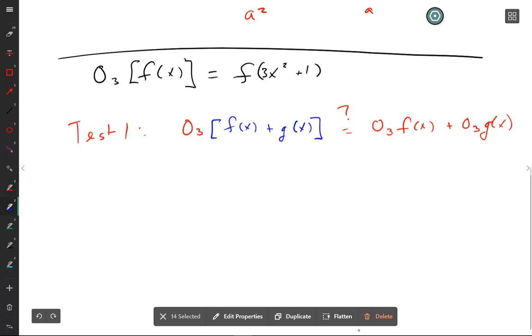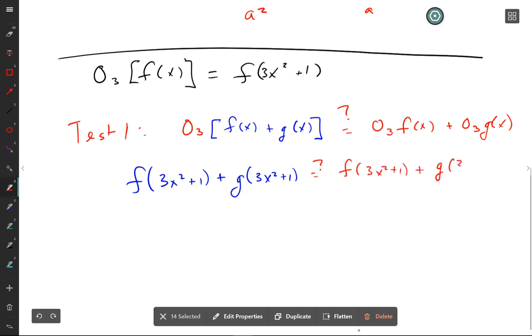So I'm going to replace the x with 3x squared plus 1 everywhere it appears. And lo and behold, that one passes.